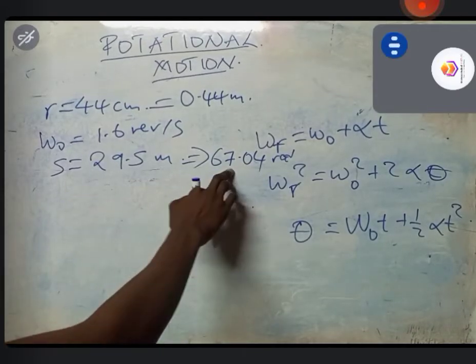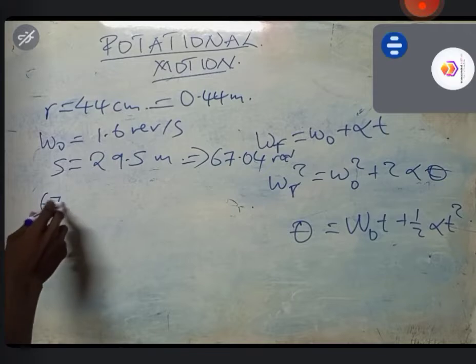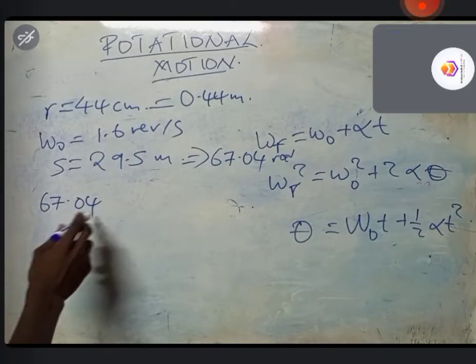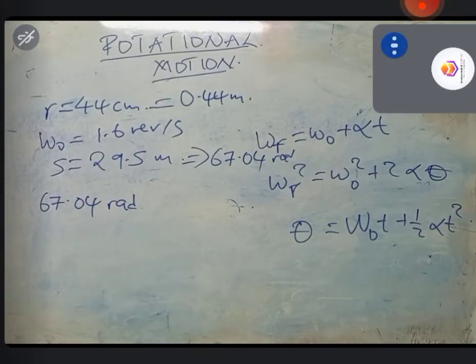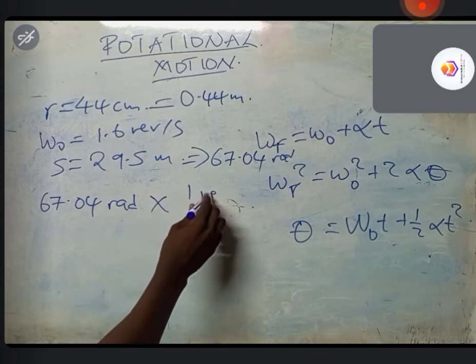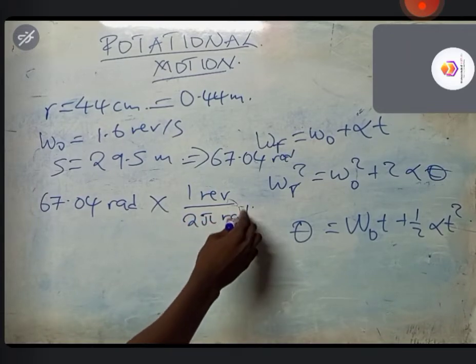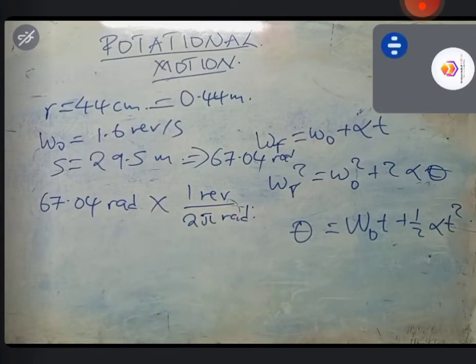Let's convert these radians to revolutions as well. So you have 67.04 radians. How many radians make up a revolution? In one revolution, there are 2 pi radians. So you divide, so that we see how many revolutions there are.